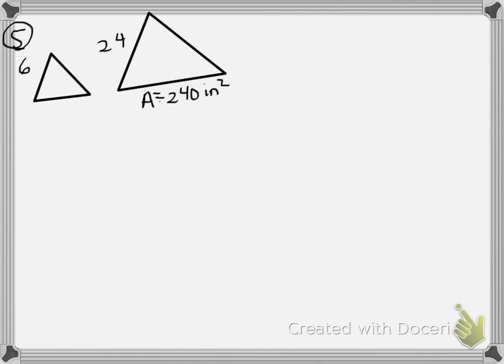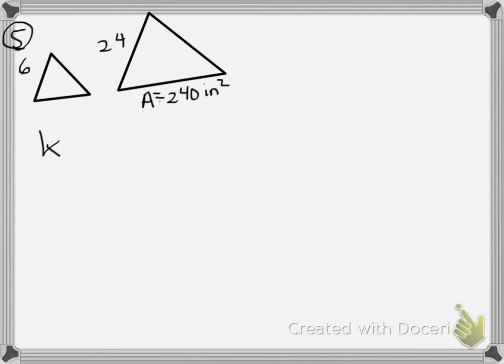Okay, so we've got these two triangles here, and they're similar, and we know the area of one of them. We don't have enough information to directly calculate the area of the second one. If we had the base and the height, we could do that. So we're going to have to be a little bit more creative here. Well, we can get a scale factor.